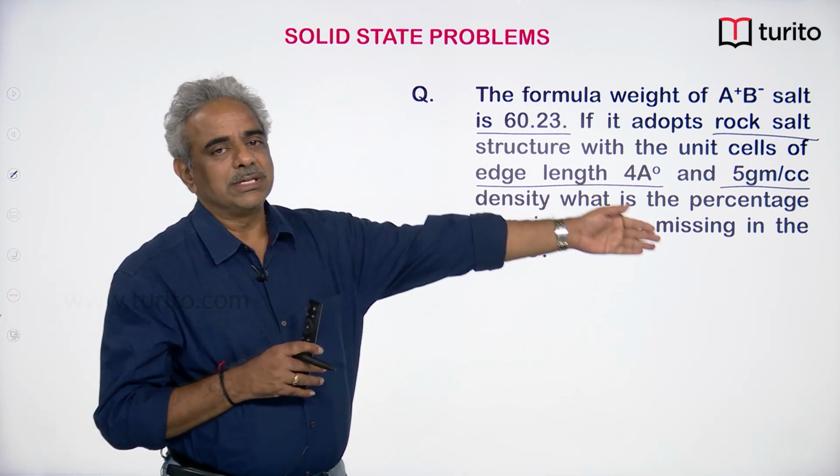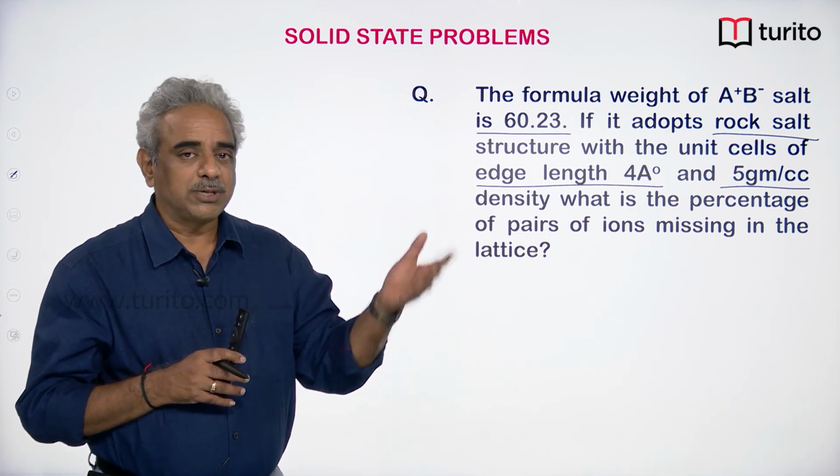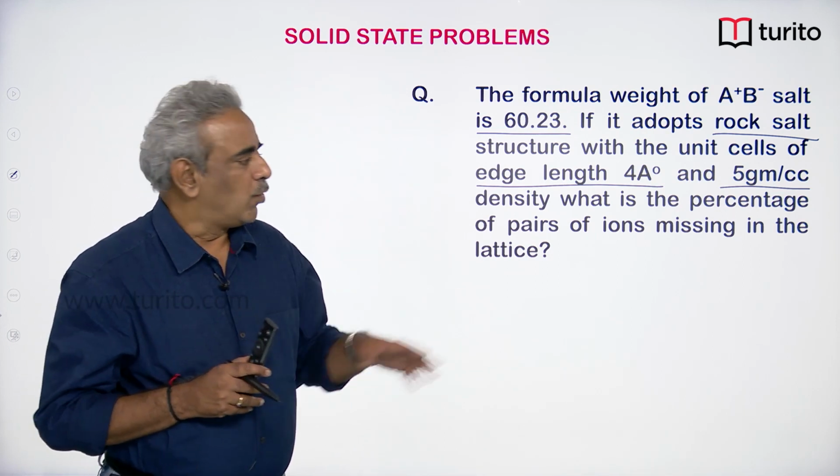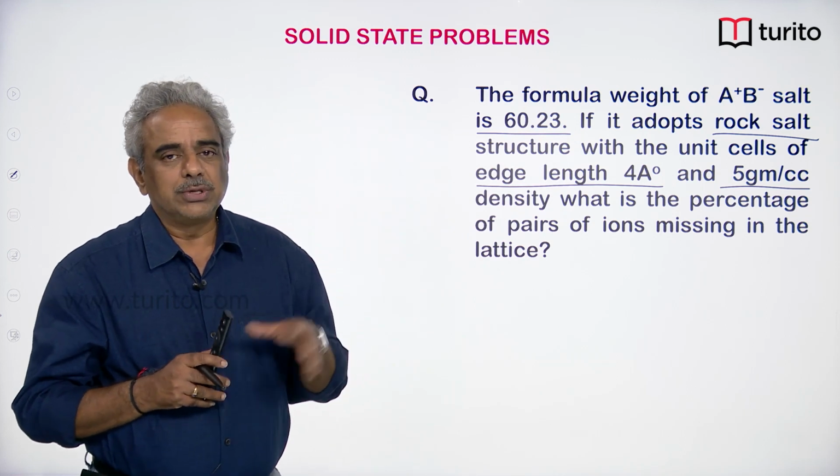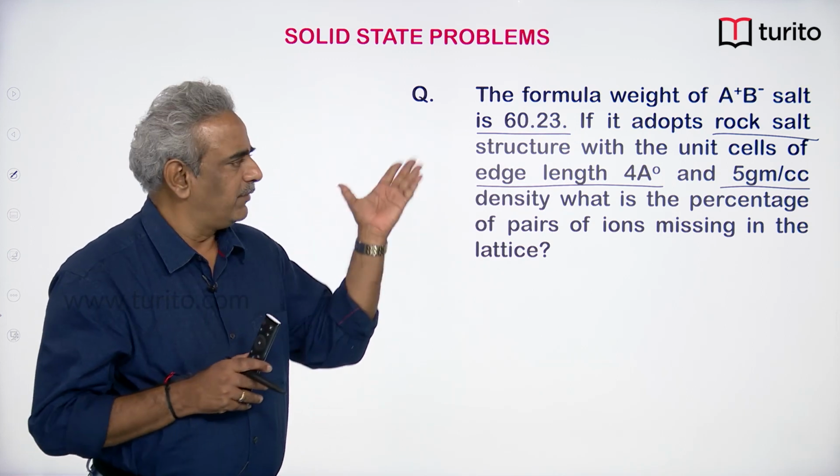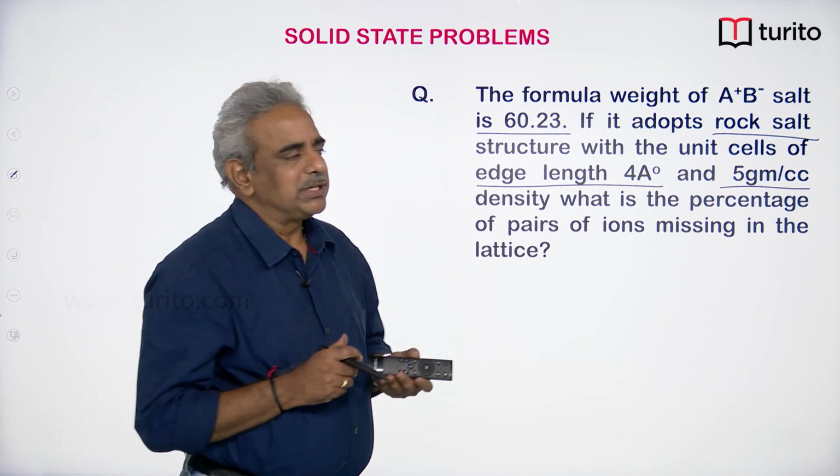Why did he give the density? So, there must be some expected density. So, what is the expected density using this data? Edge length is given, everything is given. What is the formula for density?